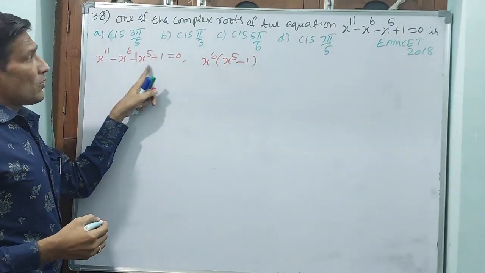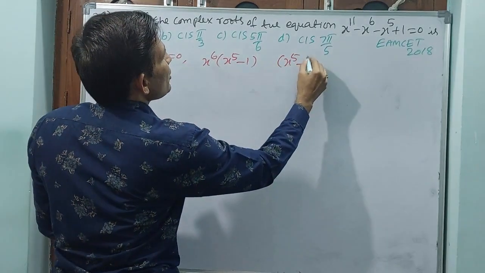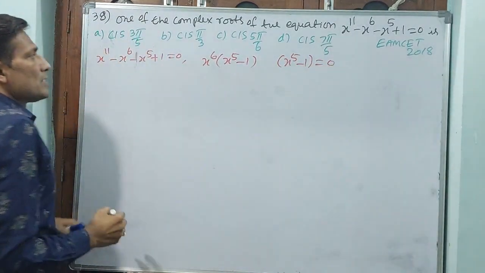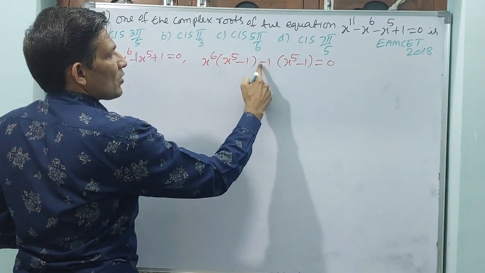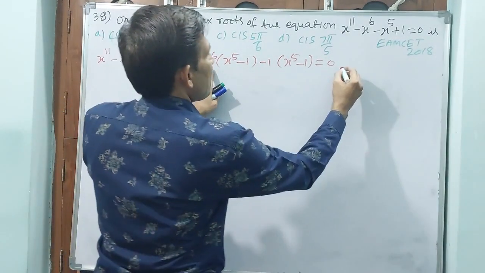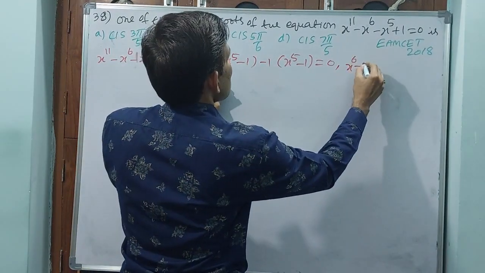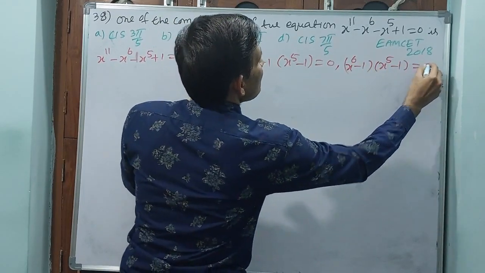Then here also plus 1 is there, that means you change this, but minus is there, that is why you put minus 1. Minus x to the power of 5 plus 1. Now what will happen? x to the power of 6 minus 1 into x to the power of 5 minus 1 equal to 0.